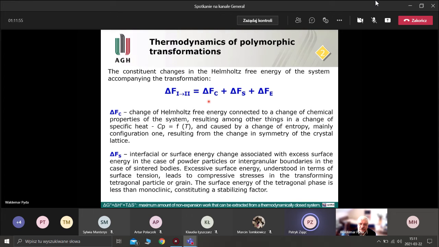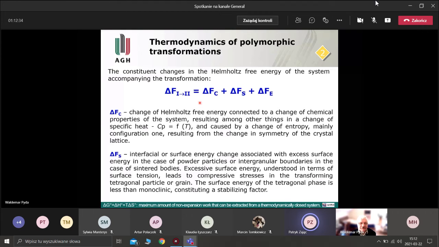Is it possible to change this component, delta FC, for the zirconia systems? Probably yes, but I'm not sure.